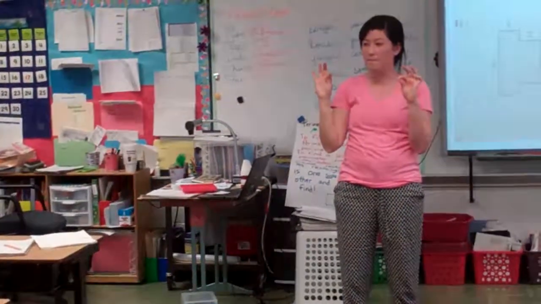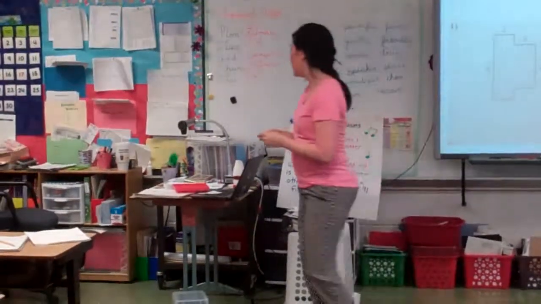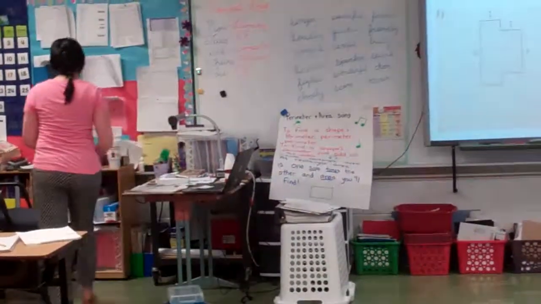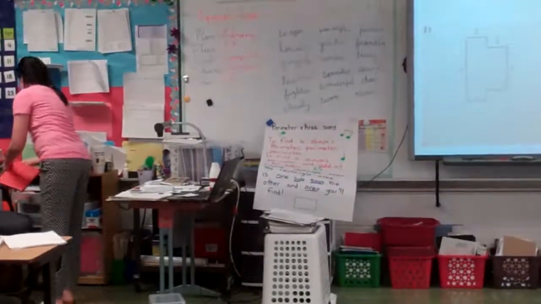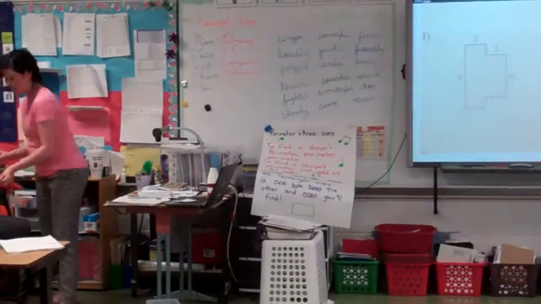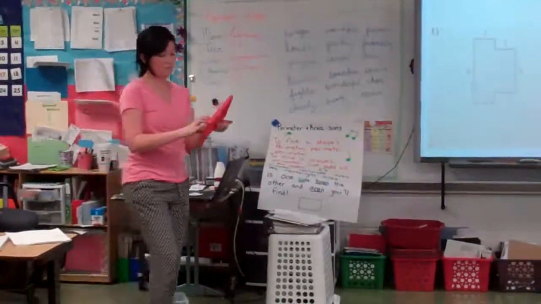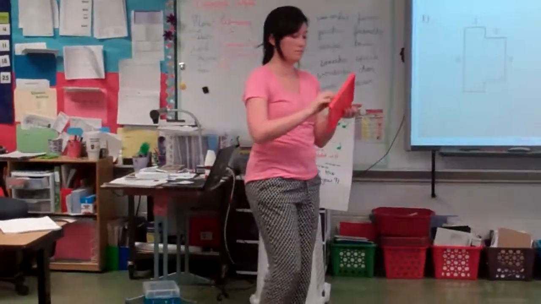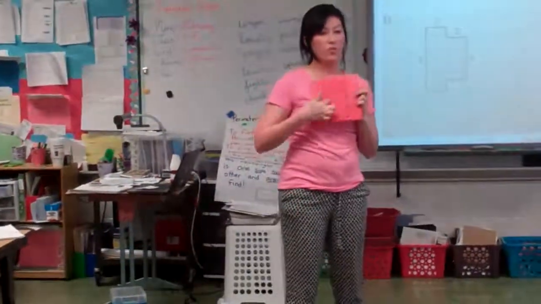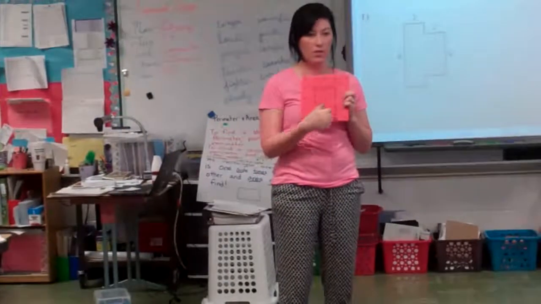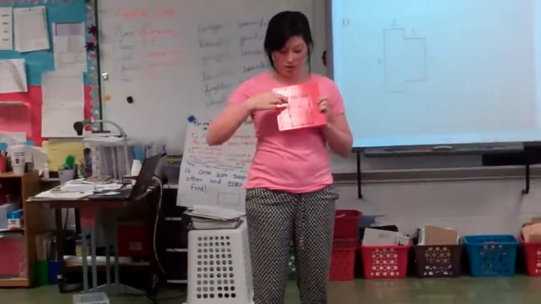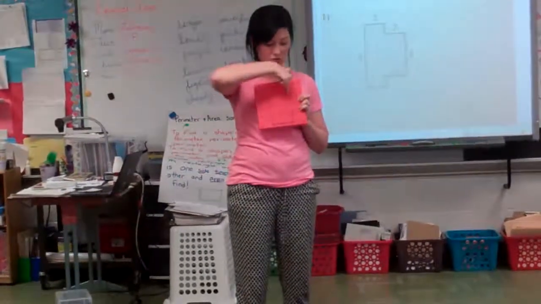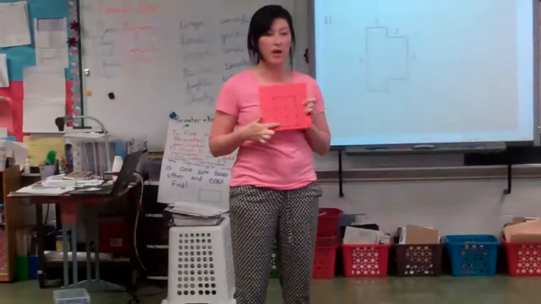Right, Trayshawn? But if I want the area, then I want to know what's inside of that rubber band. What can fit in there? I want to know how many. So this is a 2 by 3 rectangle.